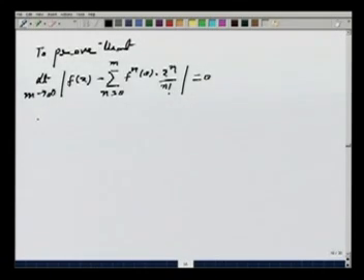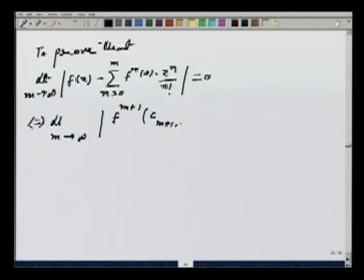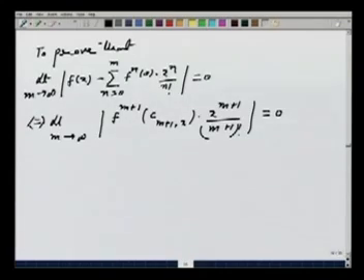That is, in other words, you have to prove that limit m going to infinity of modulus of f^(m+1) at c_{m+1,x} times x to the power m plus 1 divided by (m+1) factorial, by using Taylor's theorem, this quantity is equal to 0.